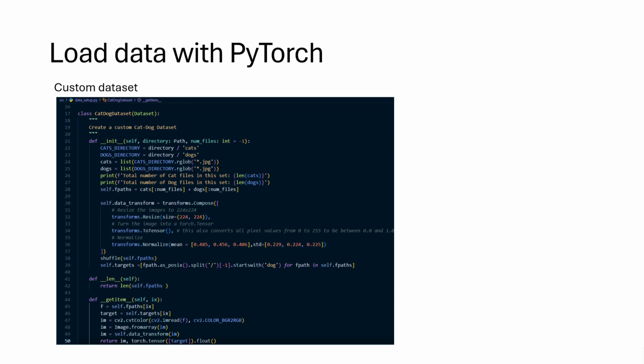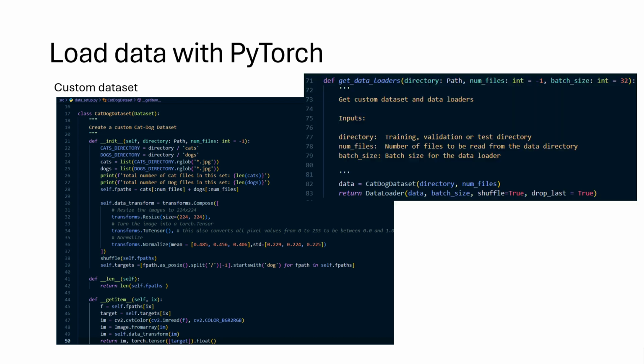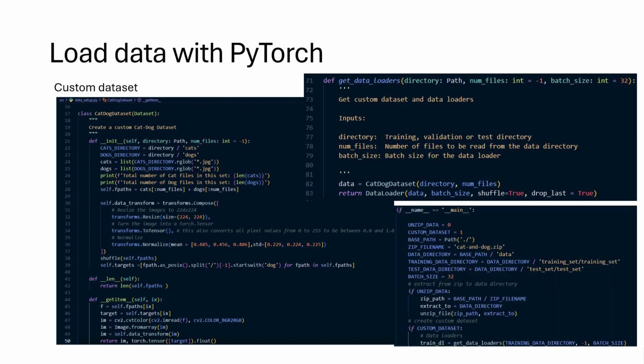We can then write a simple function to create data loaders. We create a CatDog dataset instance and then feed this into PyTorch's DataLoader with a batch size option. An example of creating data loaders for training and validation data is shown in the custom dataset block.